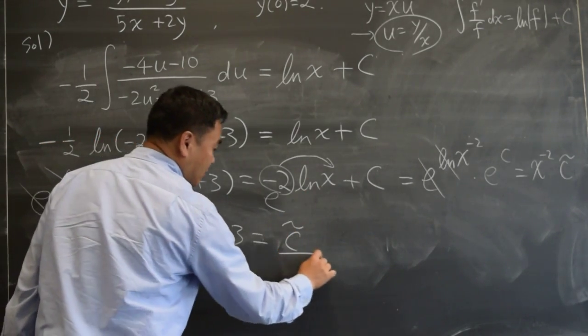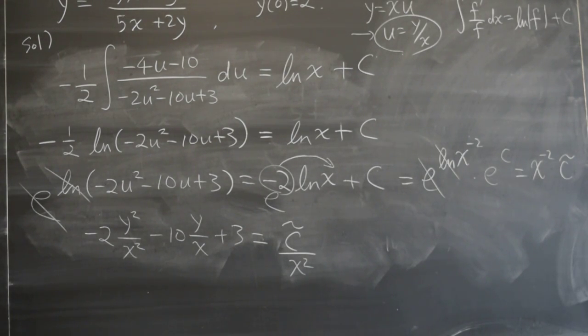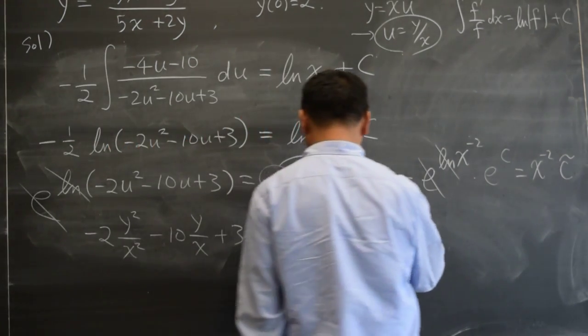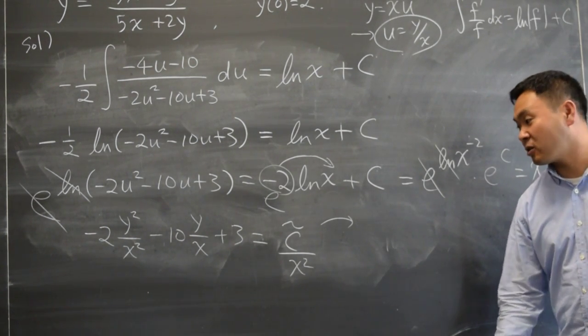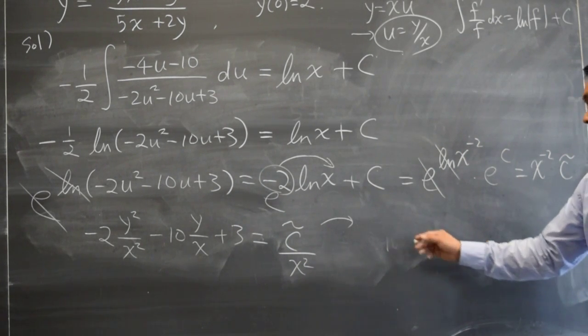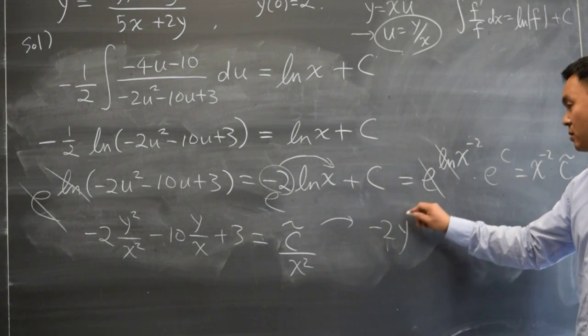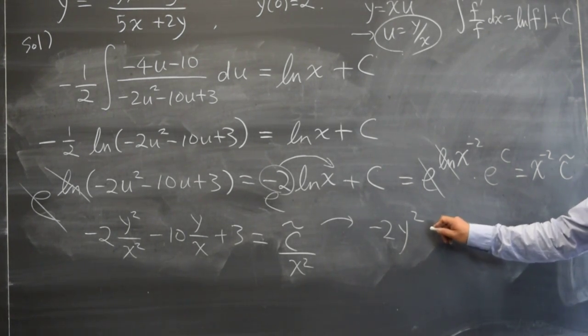x to the negative 2 is the same as 1 over x squared, right? And then I guess we can multiply by x squared to get rid of all the denominators, and you just get purely non-fraction.